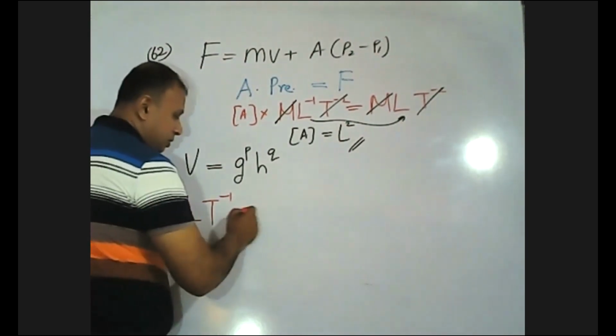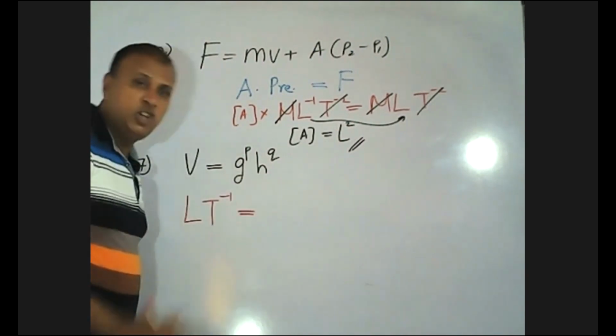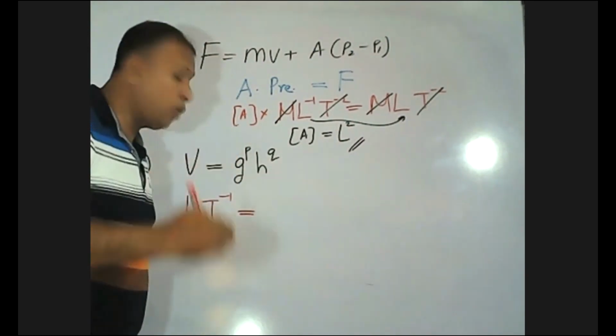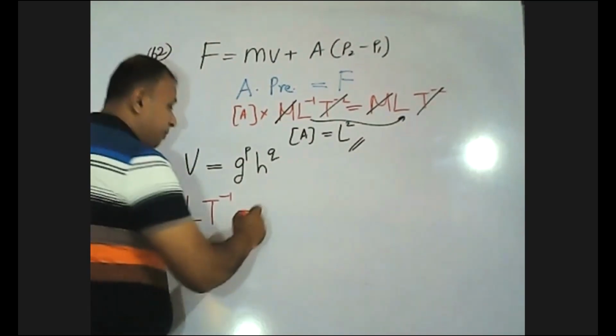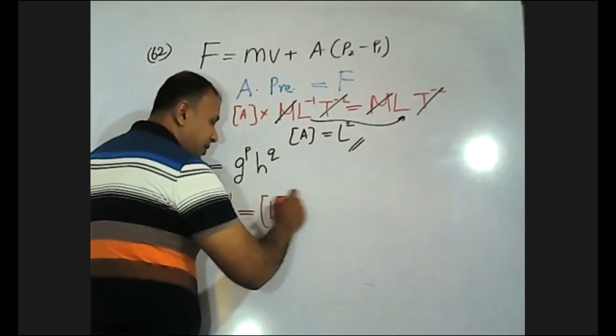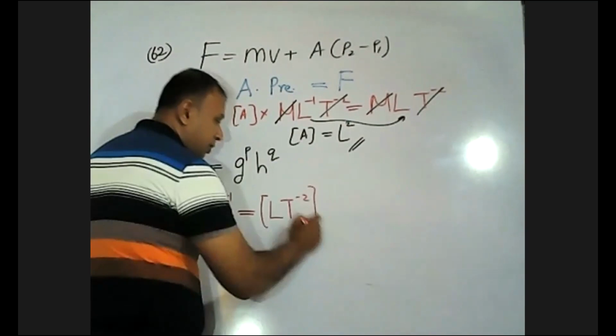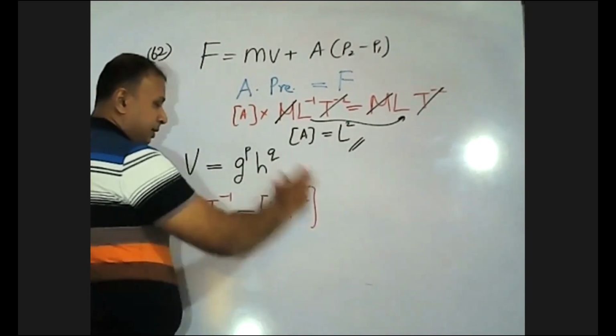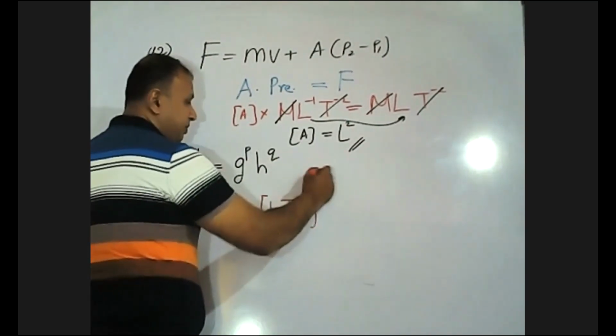And g is gravitational acceleration, so the dimension of acceleration is LT to the power minus 2, and this is raised to the power p.